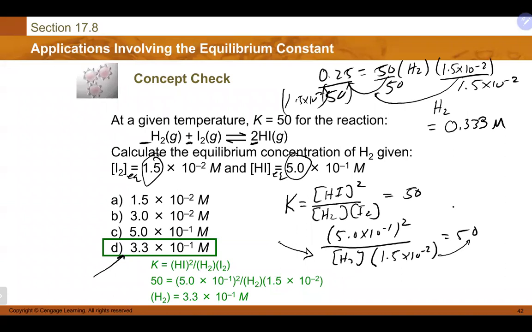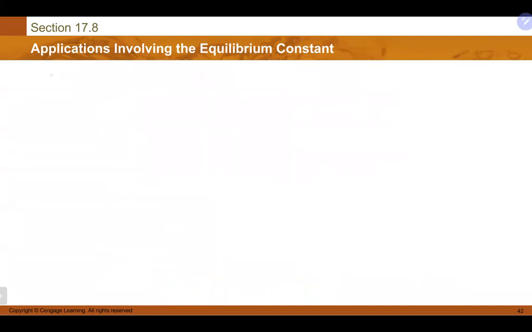So what we'll do is we will steal this equation here. Let's say we do have this H2 plus I2 going to 2HI.